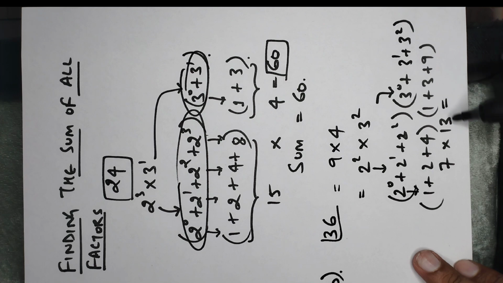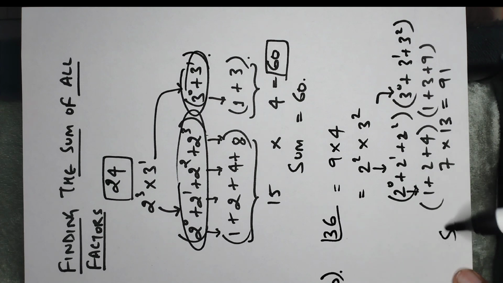So I can say if I multiply them, I get the answer as 91. So the sum of all the factors of 36 is 91. So this is how we find the sum of all the factors of any number.